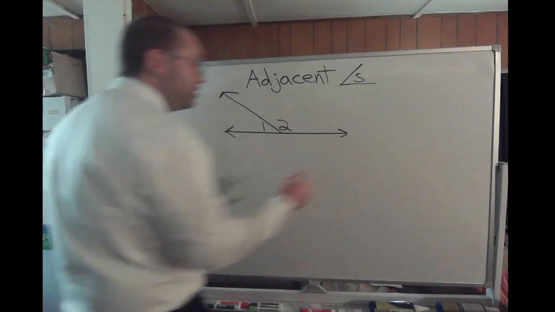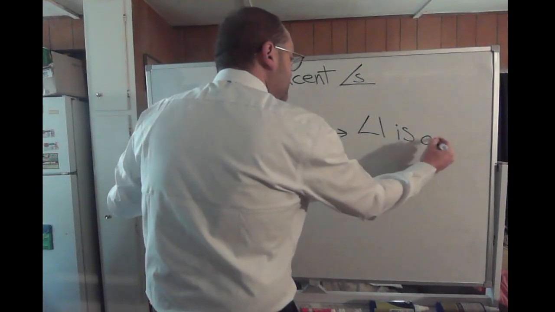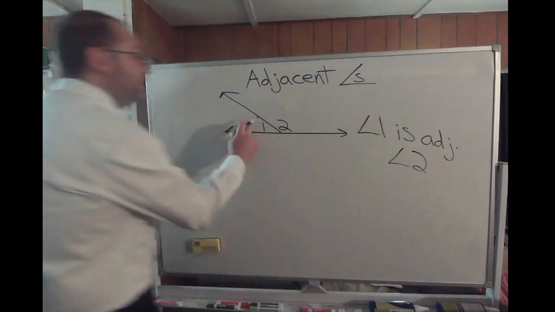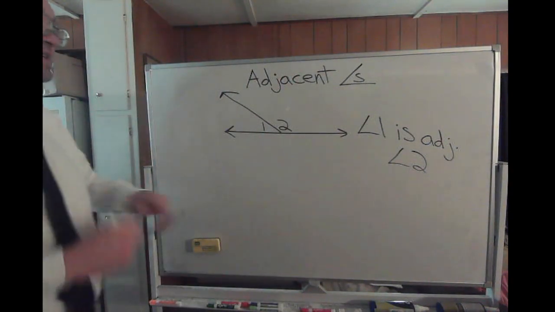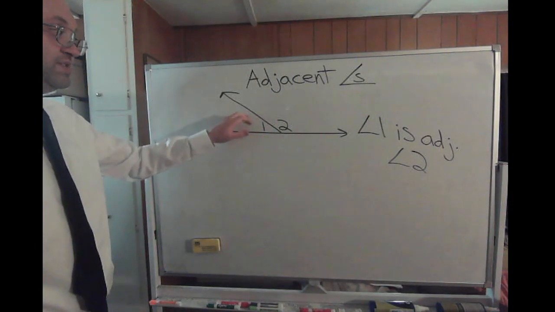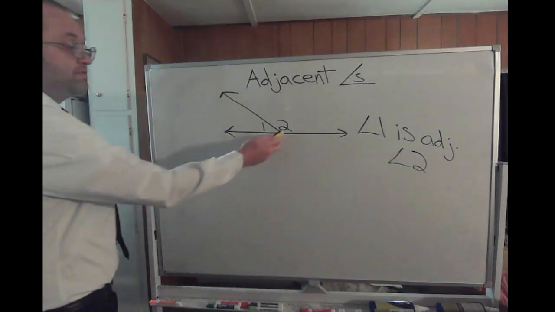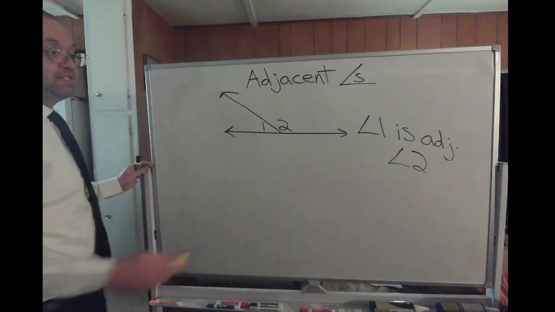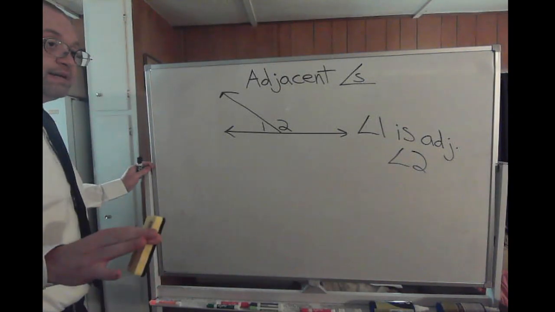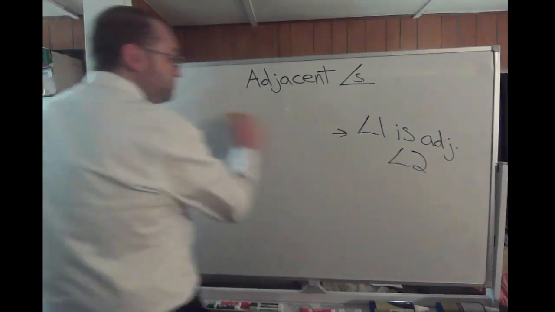Both the criteria are present, so angle 1 is adjacent to angle 2, since they have the same vertex and they share a common side, which is this ray right here. So they have to have the common vertex and the common side. If either one of those criteria is missing, then you don't have adjacent angles. It's really that simple.